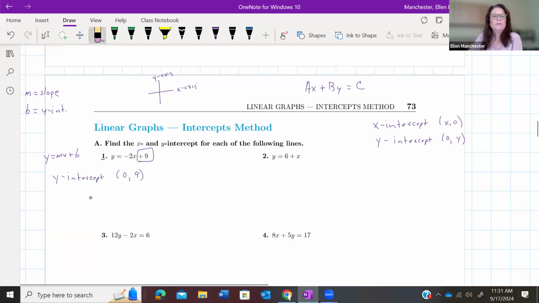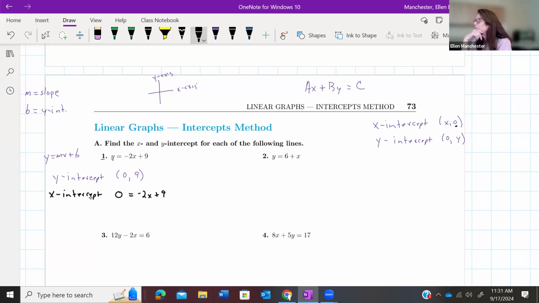The X-intercept, we have to calculate it. So the X-intercept, so look here, is when the Y is 0. So what you're going to do is take out the Y and replace it with 0. And now you have a 2-step equation. So that's why it's super important for you to be able to solve any equation using basic algebra skills.